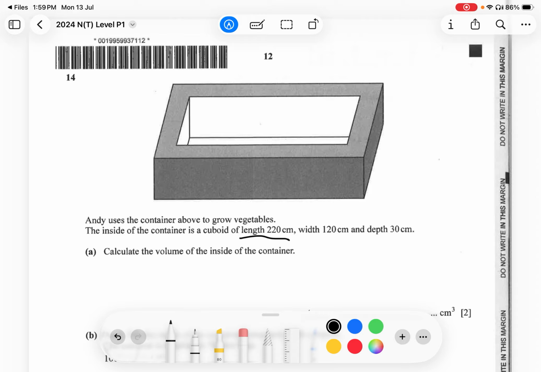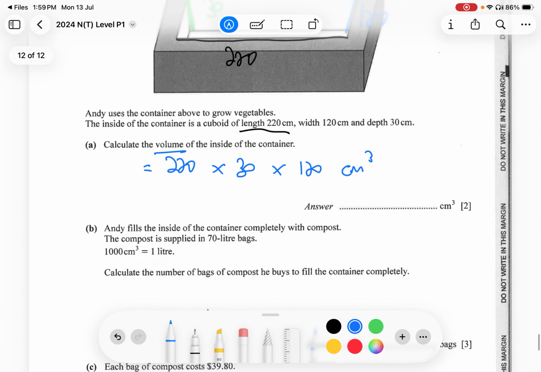This dimension is here, this is 220. This is 120. This side here is 30. So the volume, 220 times 30 times 120 cm3, 792,000.